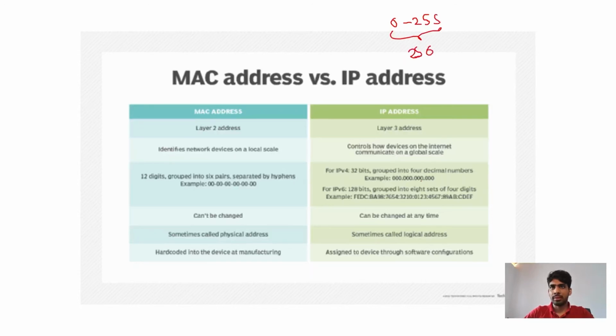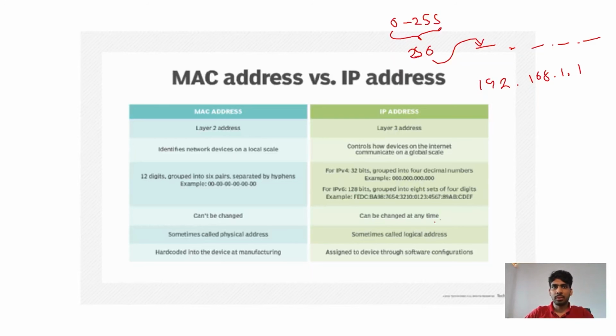Like this we can have four numbers. As an example, 192.168.1.1 is a valid IP version 4 address. IP version 6 addresses are much larger, with billions upon billions of possible addresses, and they look like this.